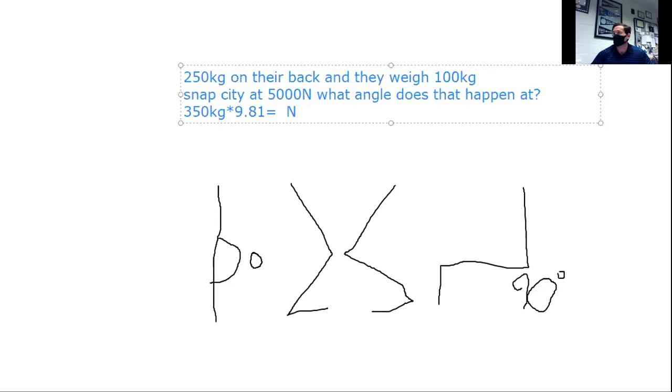We just have an amount of kilograms. So we're going to take 350, multiply that by 9.81, and then we have effectively 3,433.5 newtons. So now, as we're going to be rotating, we're going to be increasing that force that's occurring.